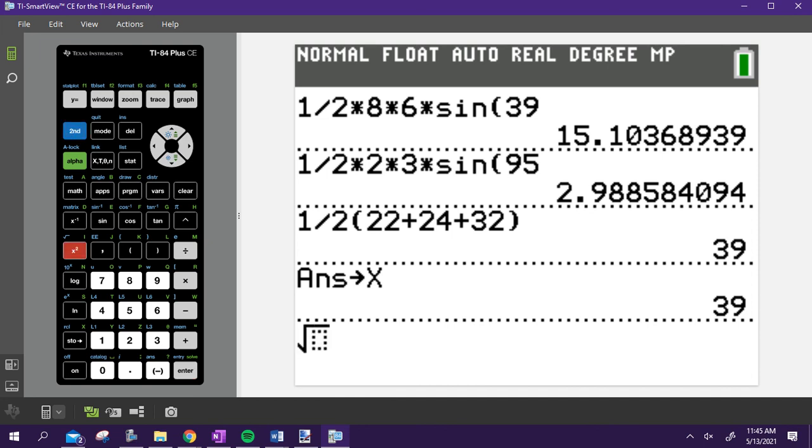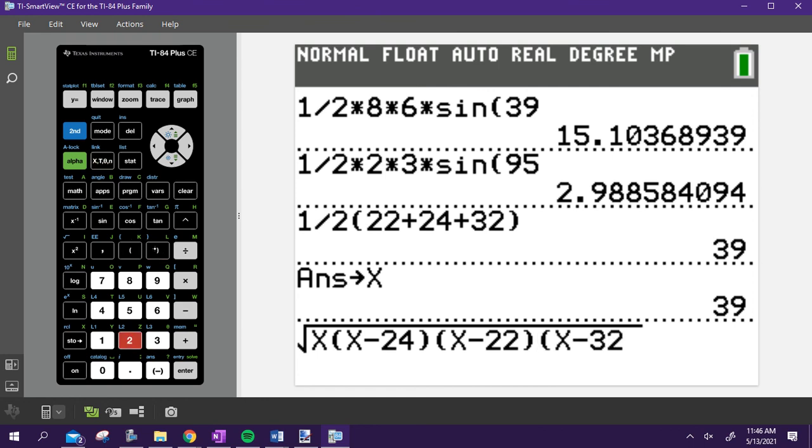Now we're plugging into our formula. It is the square root of S times S minus one of the side lengths, in parentheses. And then it's S minus another one of the side lengths, and then parentheses again. And it's S minus the last side length. So it's that X value, that 39 here, minus all 3 numbers. You multiply them all together and square root it.